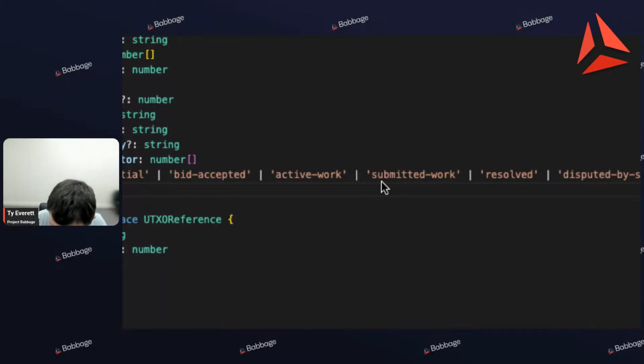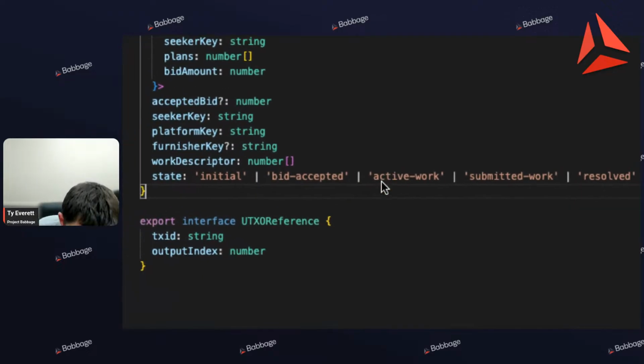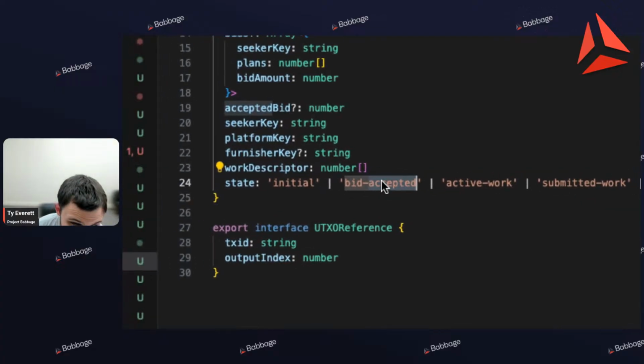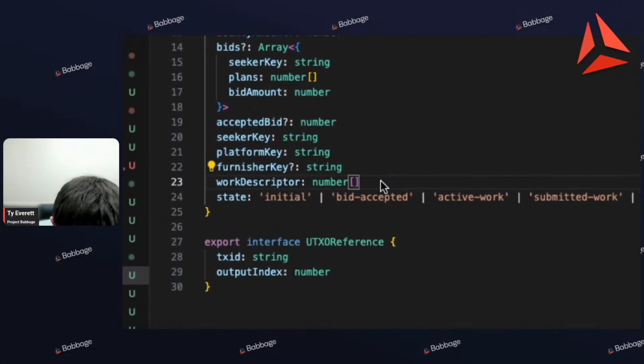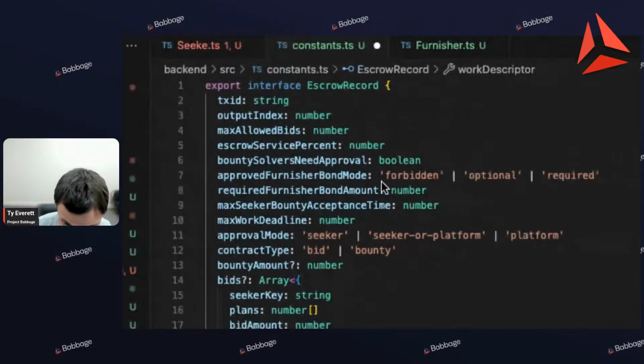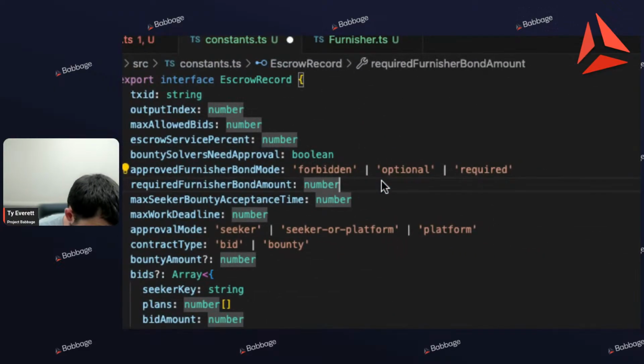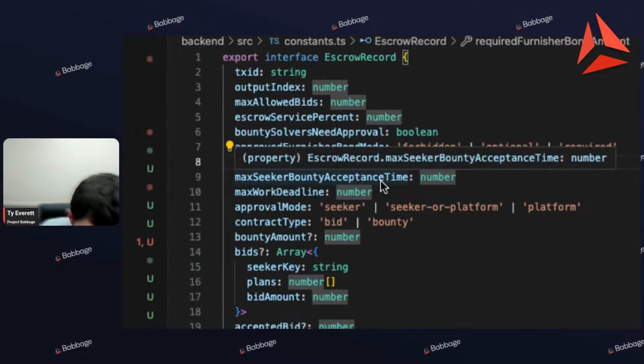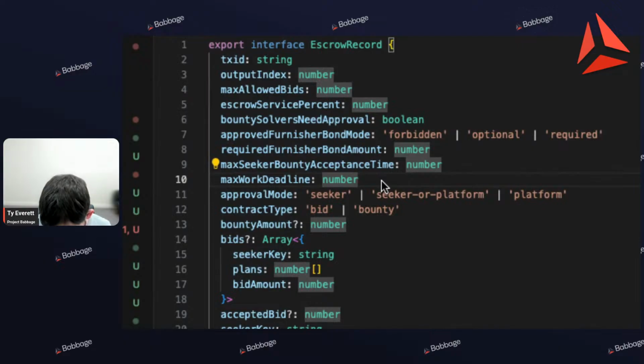If they fail to do that within a particular amount of time, then it goes back to an initial state. So there needs to be another time value, which is the time that the furnisher has to post their bond after their bid has been accepted.